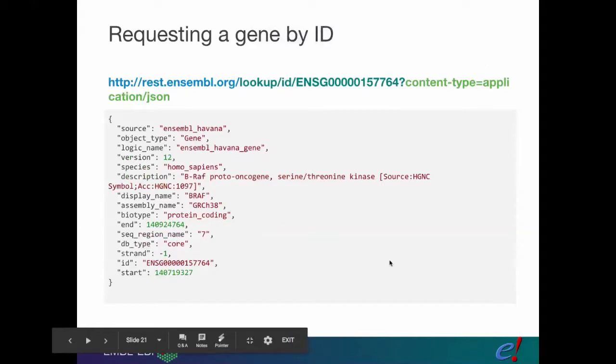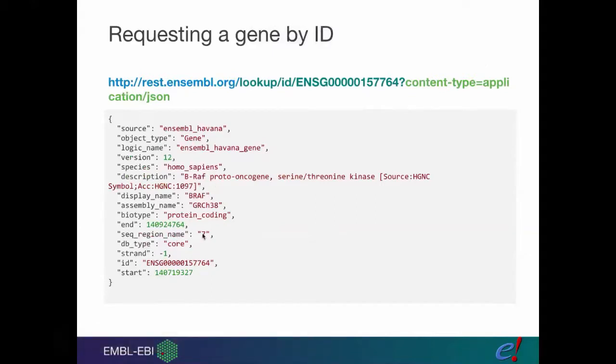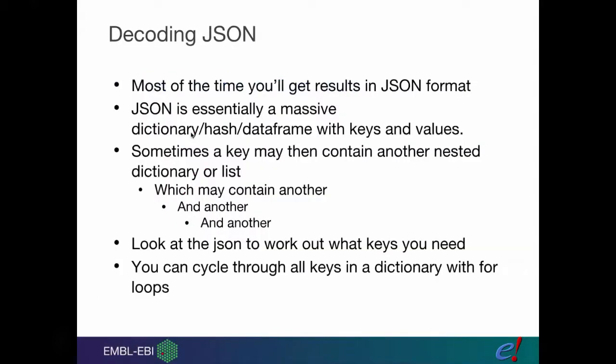And having done this, if we look at the results that we get, one of the ways we recommend getting data output is in JSON format. You'll see that JSON format consists of key value pairs. Depending on what language you're using, you'll use different words for this: dictionary, hash, data frame, with keys and values.